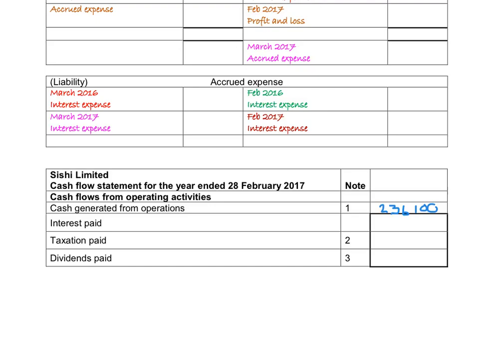So we have to do a calculation for each one of these. Interest paid, if there were no accrued amounts, will be the same amount as we have on the income statement. If there are accrued amounts for interest or prepaid amounts, you will have to complete a ledger account to do the calculation.